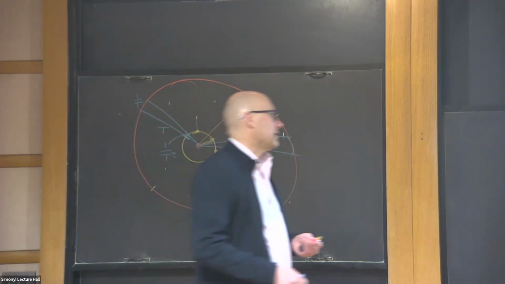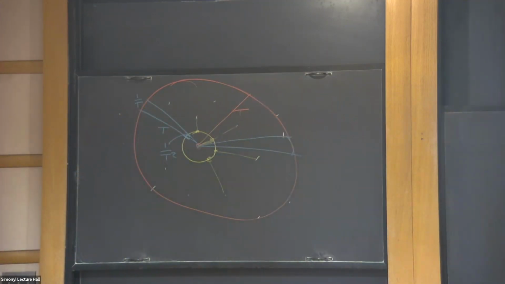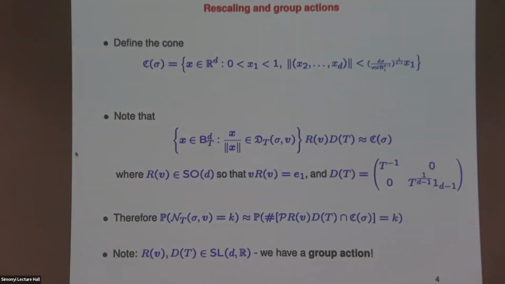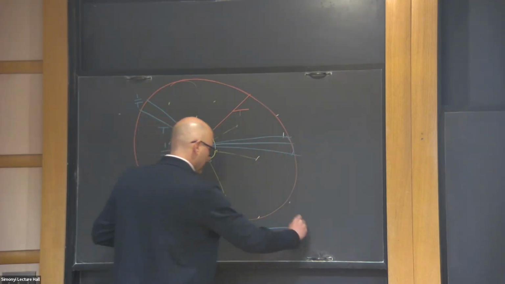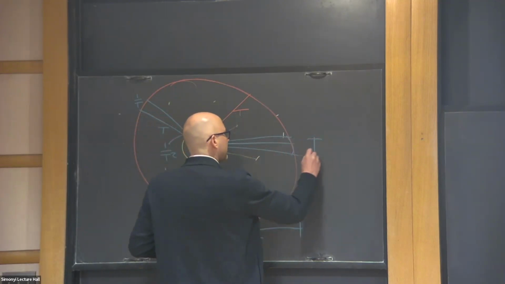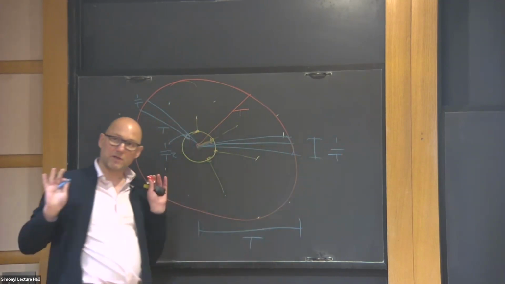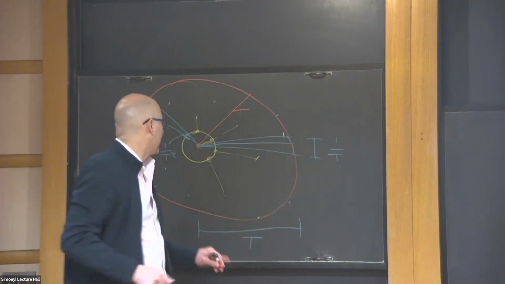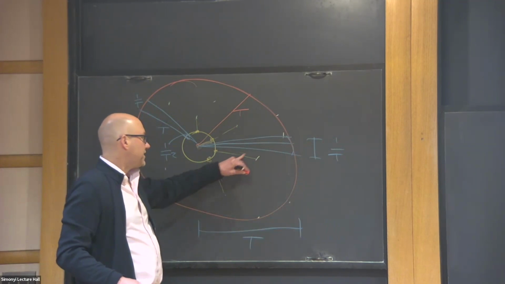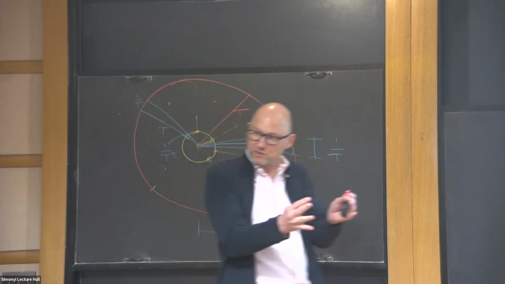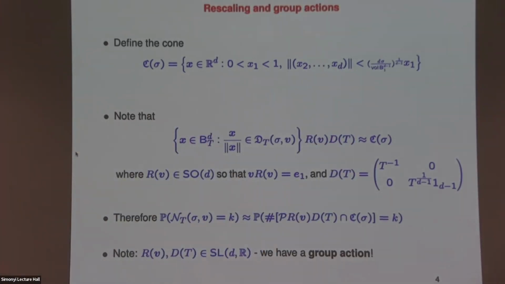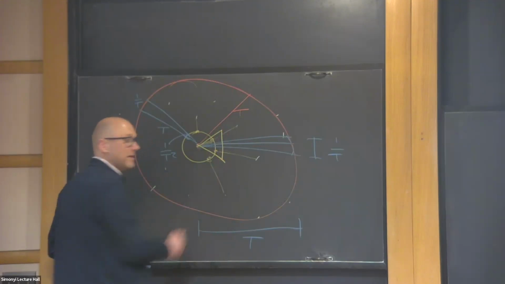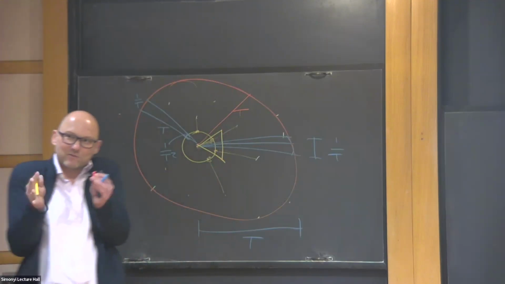apply a diagonal matrix, because remember, this is now t, this length here, and this length here is roughly 1 over t, so I'm applying a diagonal matrix 1 over t to this whole picture, and that gives me, if you think about it, a triangle in this case that is now more or less fixed, right?